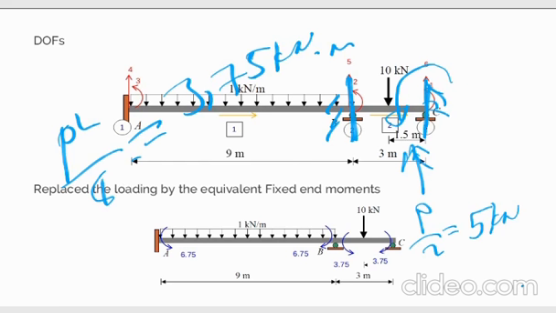So this is the reaction and moment at each member of this beam.